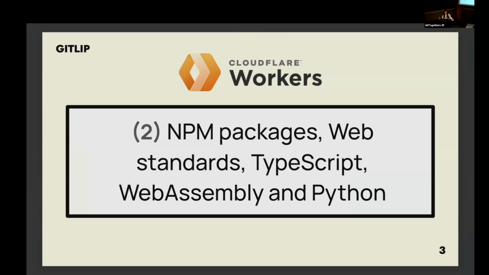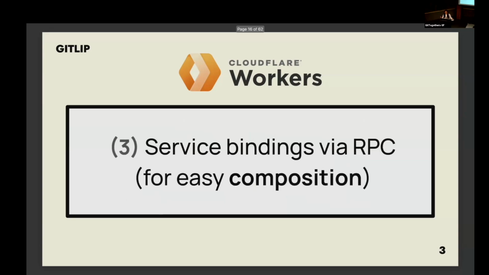It supports NPM packages, web standards, TypeScript, WebAssembly, and Python, and these are unavoidable essentials for creating production-ready apps. It has service bindings via RPC for easy composition. This is a way to connect one worker to another worker or connect a worker to other services like image transformation, storage, and browser scraping.